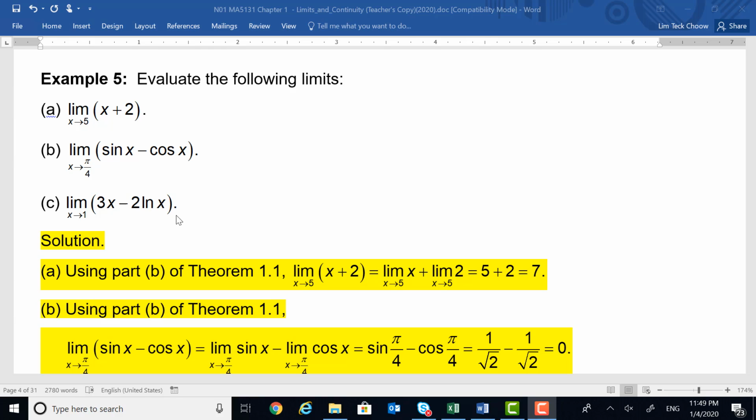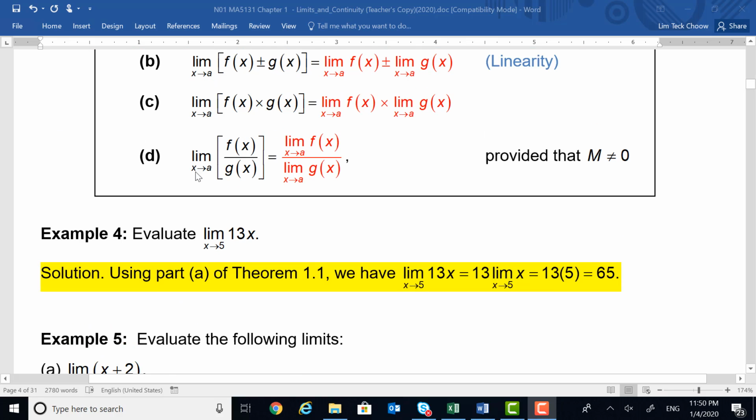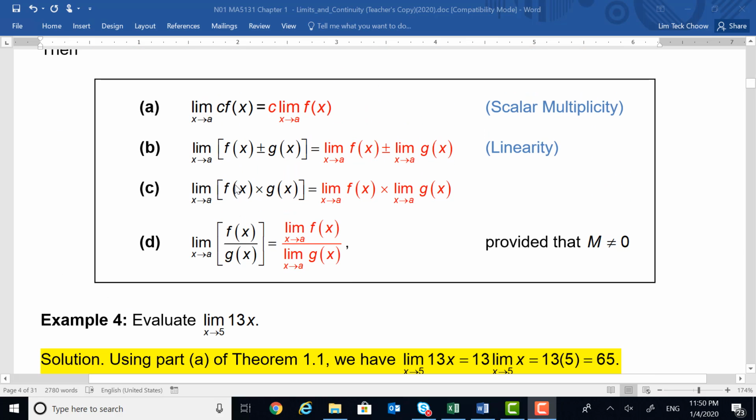But if you are trying to be very careful and use the theorem in 1.1, then these are actually the steps. And for this simple question, even if you were to do it by just putting 5 right away and therefore give 7, or putting pi over 4 right away into this and give you a 0, I'm also okay. Bear in mind, these are simple examples to just illustrate to you that these theorems are used that way.